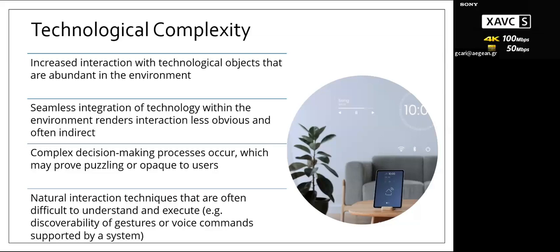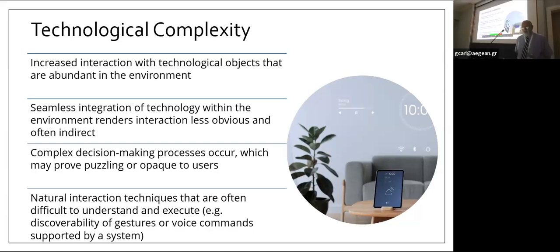Complex decision-making processes occur, which may prove puzzling or opaque to users. Natural interaction techniques are often difficult to understand and execute, for example, to find out which gestures or voice commands are supported by a system.